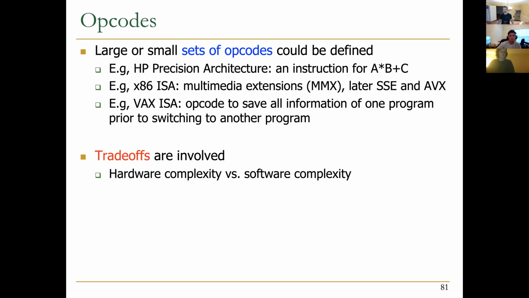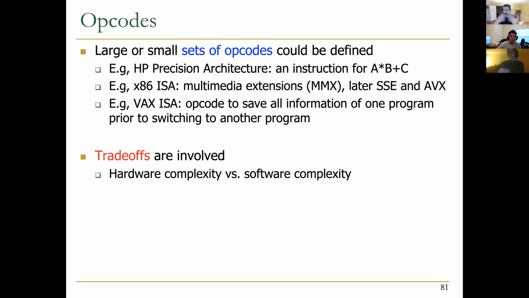So the hardware becomes much more complex. If we have basic, very simple instructions, implementing them with logic gates would be a lot easier. So we have way less complexity at the hardware level. So that defines this trade-off.